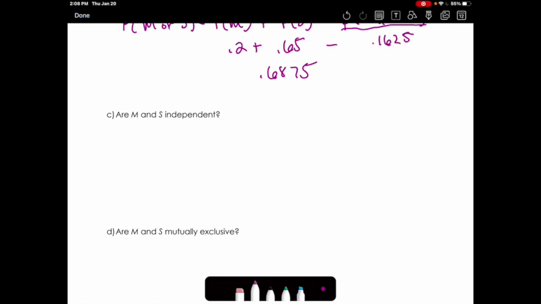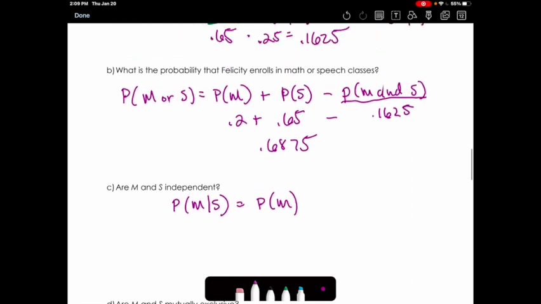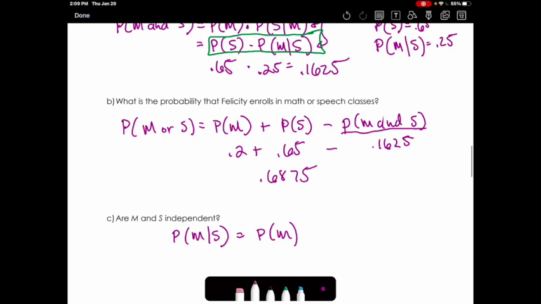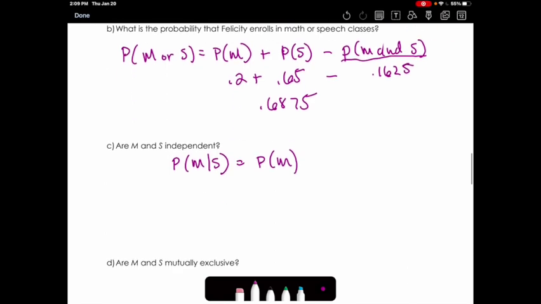Now, part C says, are the events M and S independent? So we want to check to see if the probability of M given S is the same as the probability of M. Well, we know because it was given to us in the beginning that the probability of M given S is 0.25.